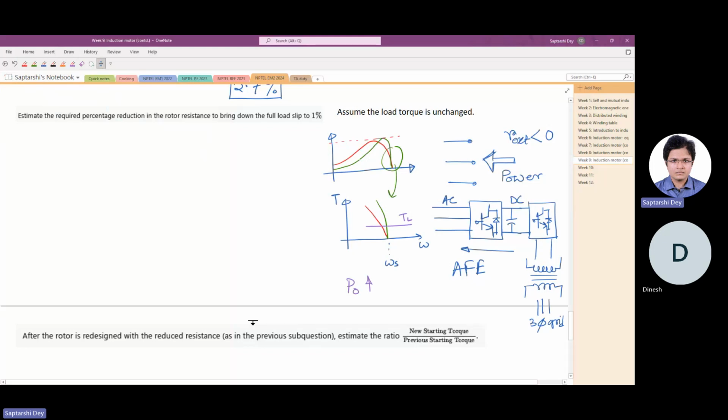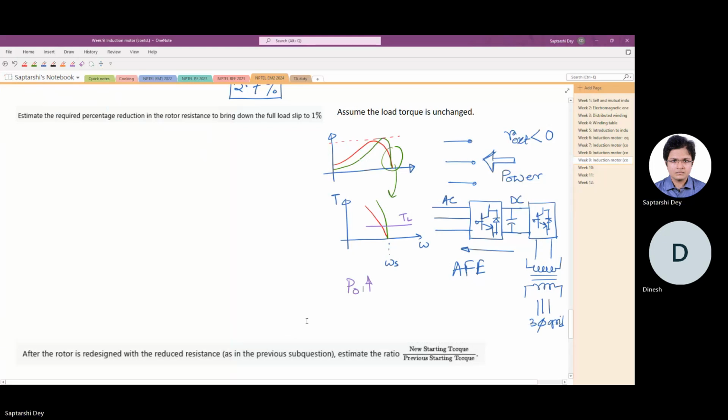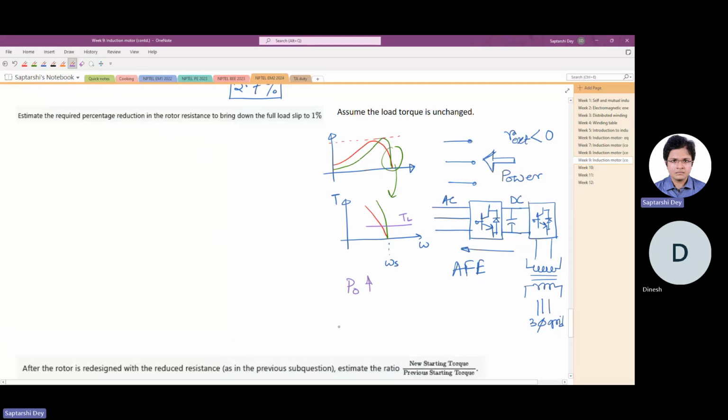Now, one little concept here, maybe a food for thought. Forget all the losses for now. You have the stator, some isolation through the air gap, you have the rotor, and the rotor delivers mechanical power.